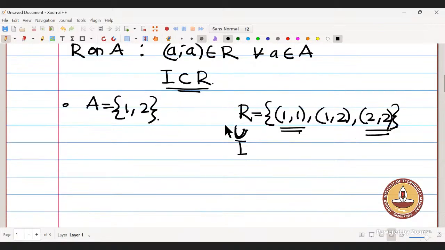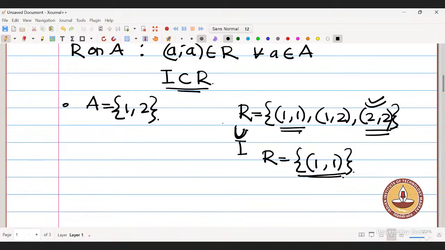If I take the relation R to be just {(1,1)}, it is not reflexive because (2,2) is missing here. A relation is reflexive if and only if it contains the identity relation. In this case, it doesn't, so this is not a reflexive relation.